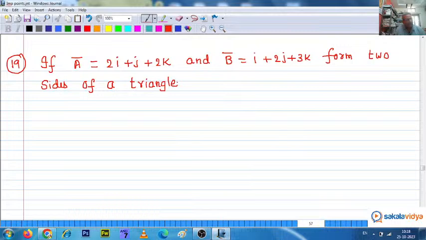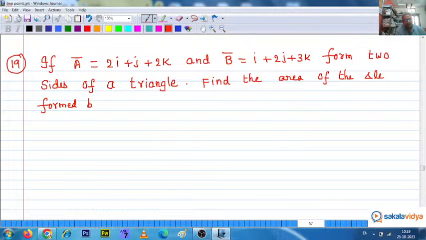Find the area of the triangle formed by them. That means the area of the triangle formed by the two vectors we need to find out.